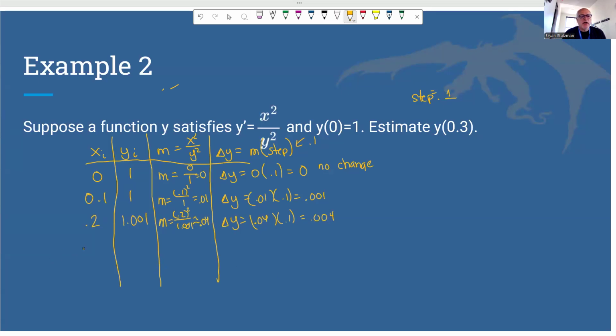So my final y value will be 1.005. So y when x equals 0.3 is approximately equal to 1.005, using 3 steps of 0.1.